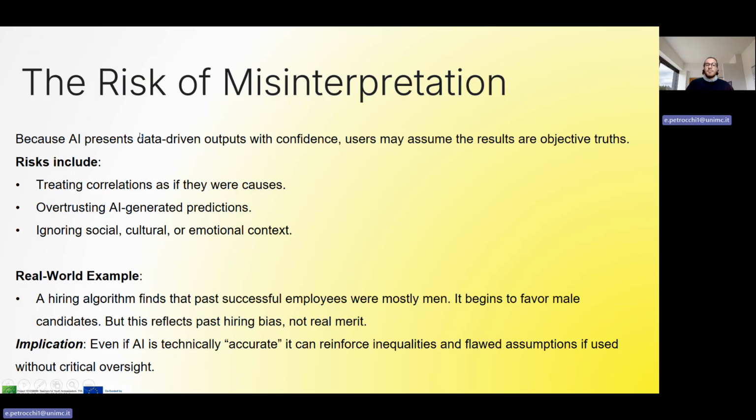But this might reflect past hiring biases and not real merit. And so the implication is that even if the AI output is accurate, it might exacerbate and reinforce social inequalities. And if it is not used with critical oversight, then this exacerbation of inequalities is going to be part of our society.